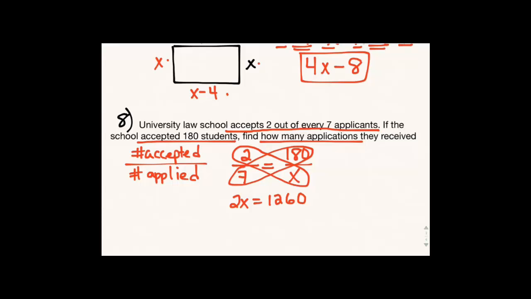And then we're going to divide both sides by 2. And we're going to end up with x equals 630. And that's applications.